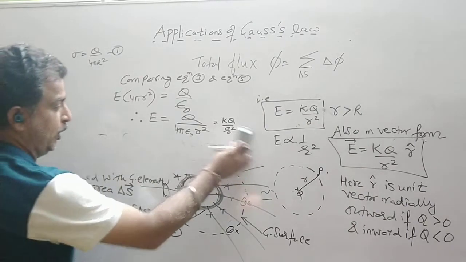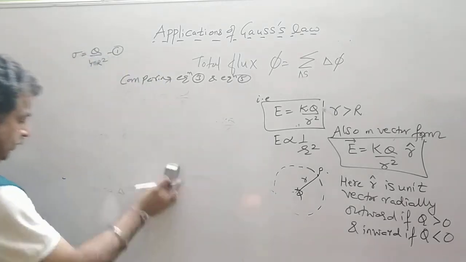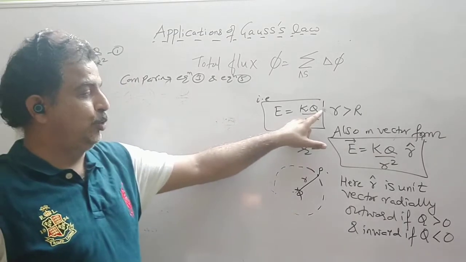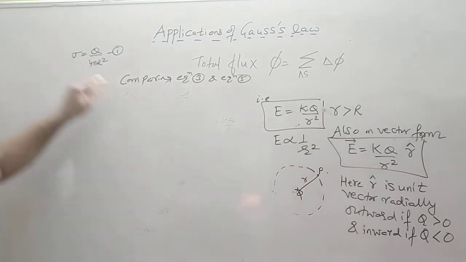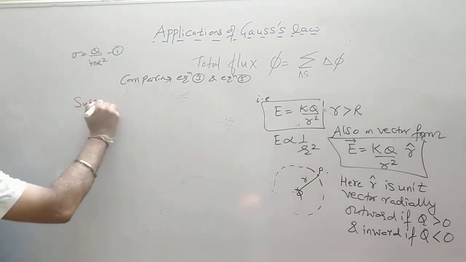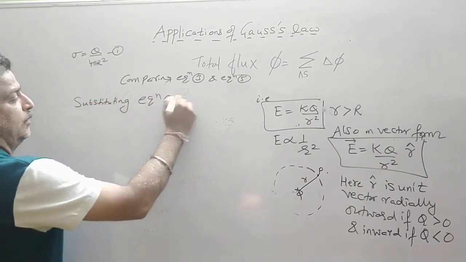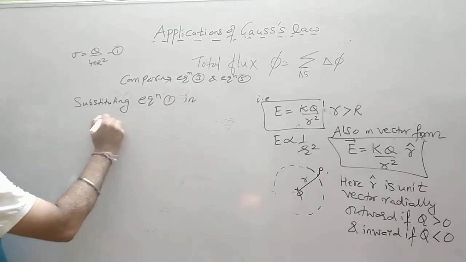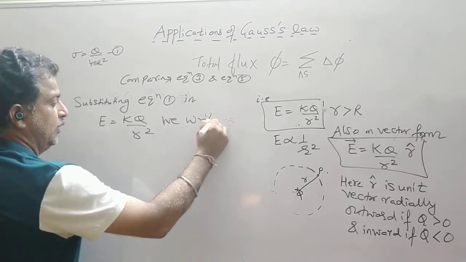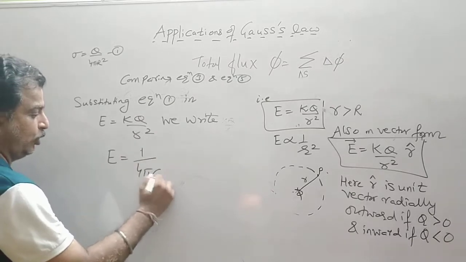Now this is the formula in the form of the source charge. Sometimes if surface charge density is given, we substitute this Q as sigma into 4 pi R square. So substituting equation 1 in E is equal to kq upon r square, we write E is equal to, in the place of k I am writing 1 upon 4 pi epsilon naught.